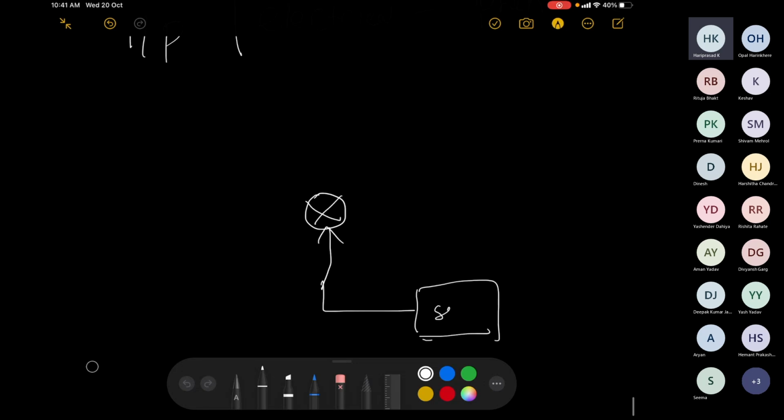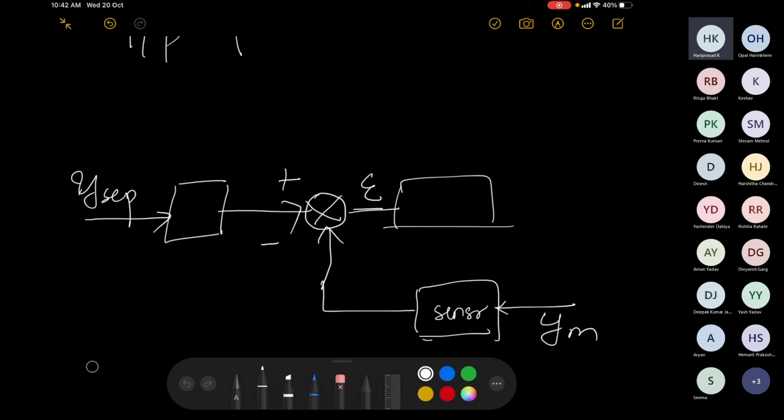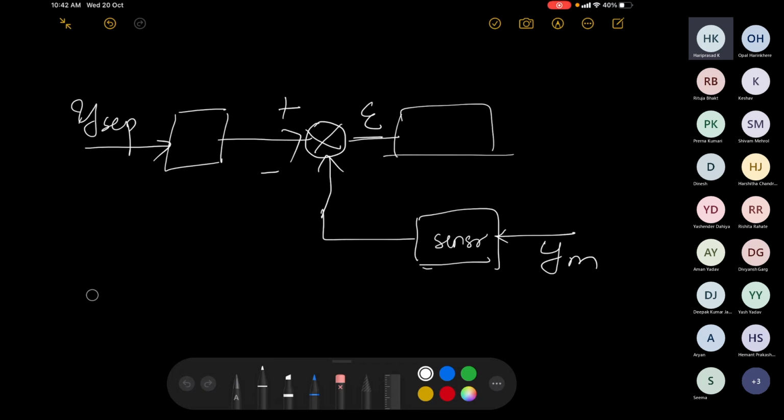Here is your original physical variable, ym, and here is ysp. This is plus, this is minus, and this is the error signal going to the controller. Let's say your transducer does a conversion to ym; if you want to make it a different thing, I'll call it the ym signal.